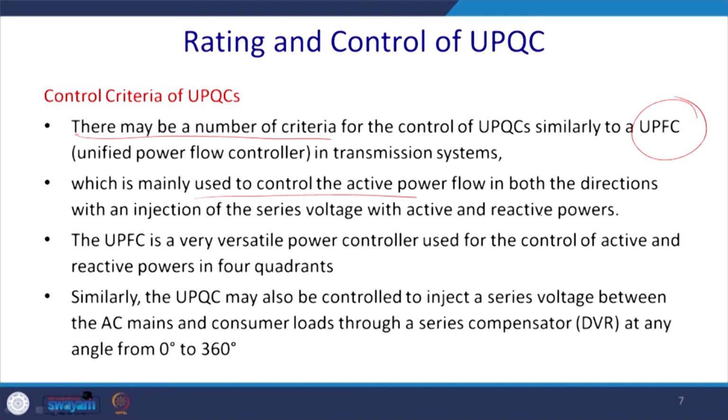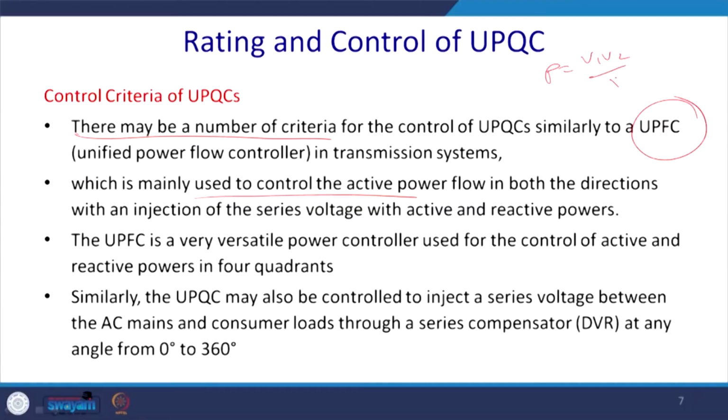So, there the power flow is V1 V2 by X sin delta. So, you have to play around with these parameters, but nowadays this concept has also extended to the distribution domain because of the penetration of distributed generation, because a solar inverter is idle at night.